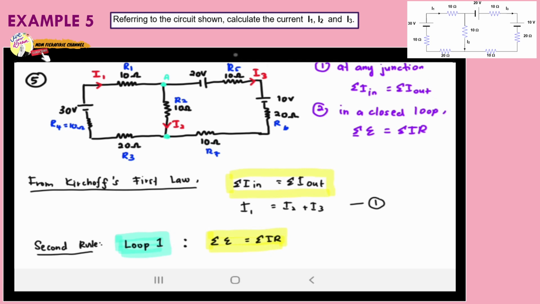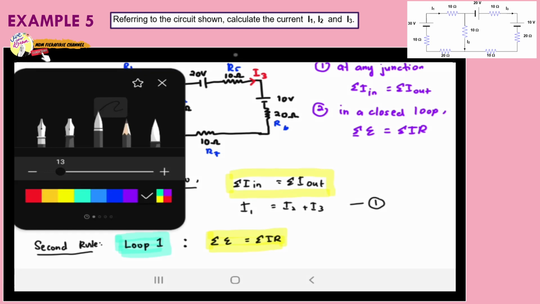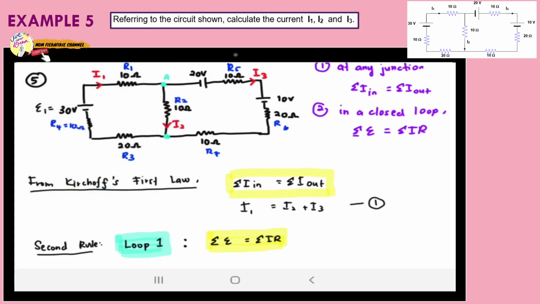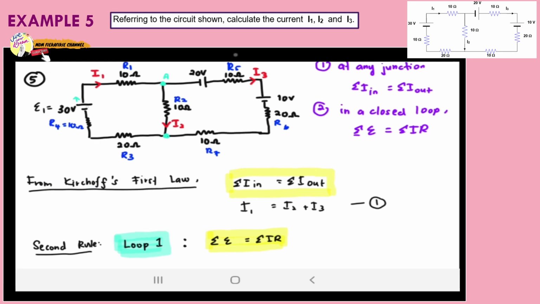Before we start, let's look at the EMF. Let's say this is EMF 1, where EMF 1 is equal to 30 volt. As we know, current must flow from the positive terminal of the battery. For the second step, I will draw the direction of the flow of current for the loop.